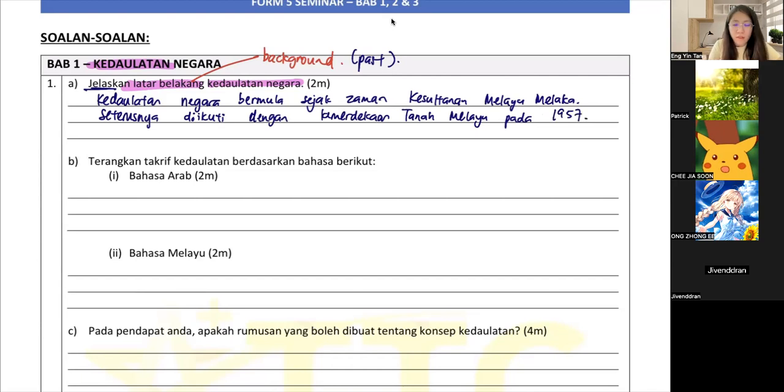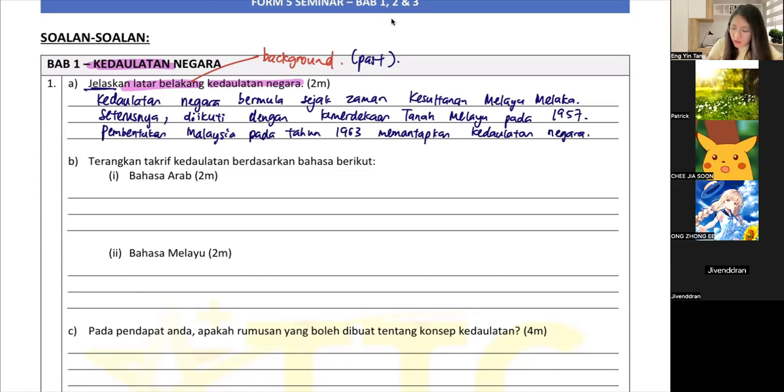You can also say Malaysia, in the year 1963, also caused us to have kedaulatan negara.